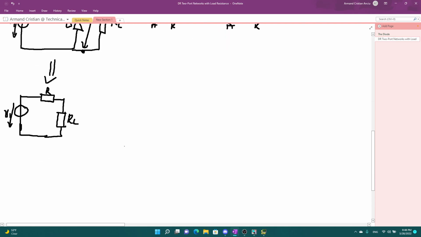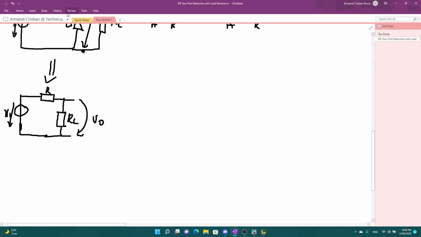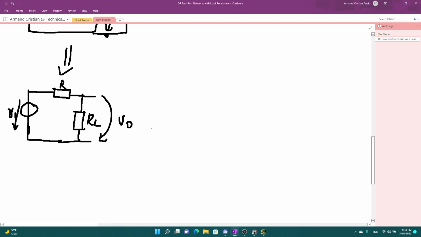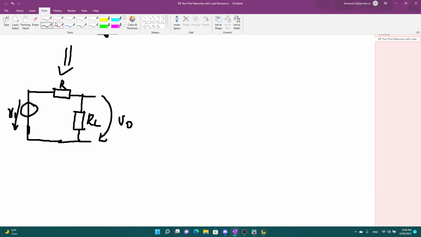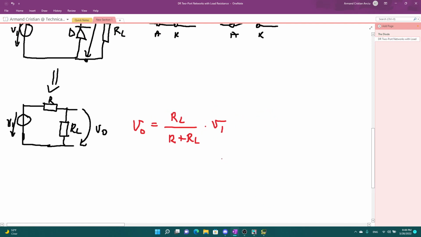So for our voltage divider, what's going to be the output? Well, according to the voltage divider formula, VO will be RL over R plus RL multiplied with the input voltage.